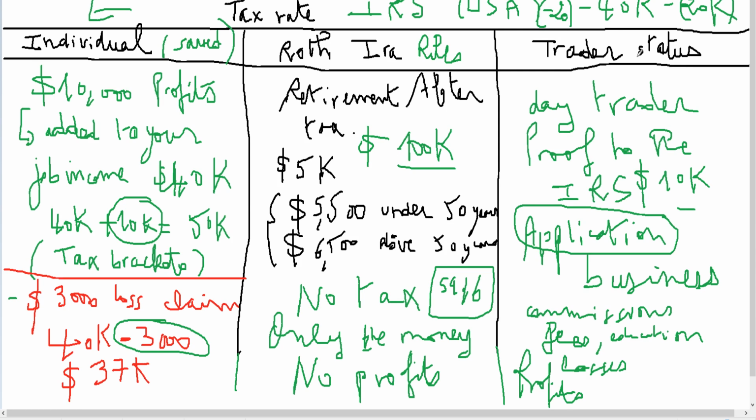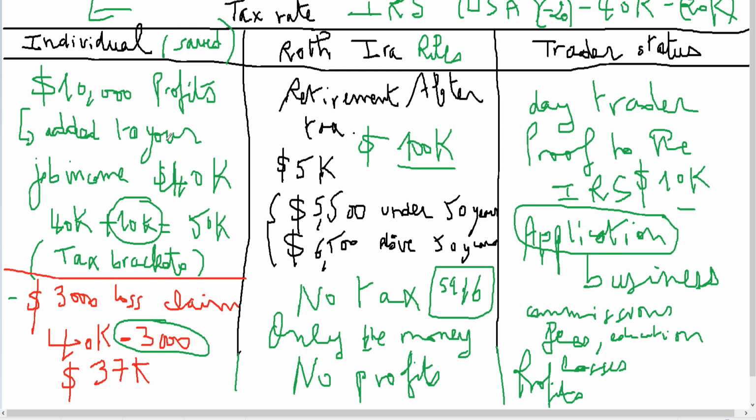For the trader status, you just call the IRS and you say, okay, I am a trader, I want this trader status, what should I do? They give you an application form to fill, and you can ask them questions. Or you can ask your tax preparer; if he knows about this trader status, he will tell you if it is good for you, yes or no.